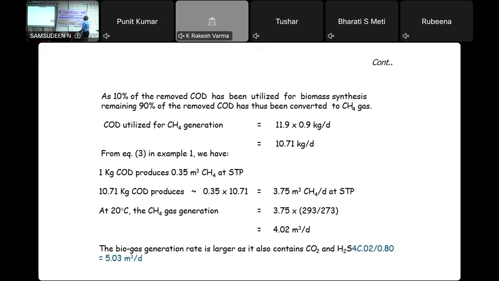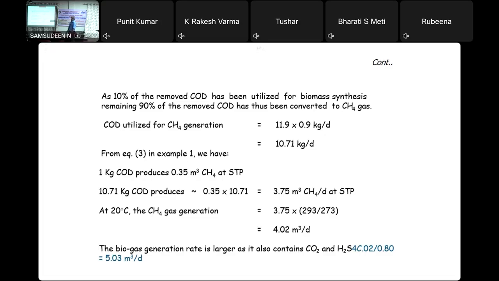From equation 3 in example 1, 1 kilogram COD produces 0.35 cubic meter of methane at STP. So 0.35 times 10.71 will produce 3.75 cubic meter methane per day at STP. At 20 degrees, you multiply by 293 and divide by 273, and you get 4.02 cubic meter per day methane.